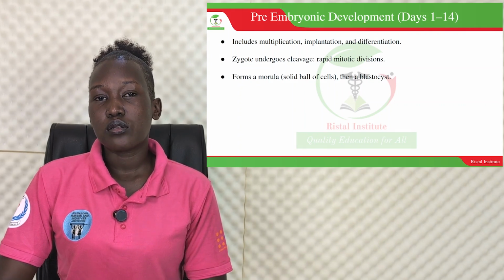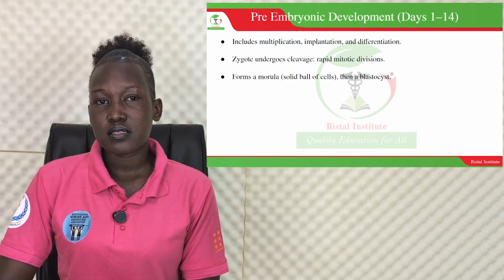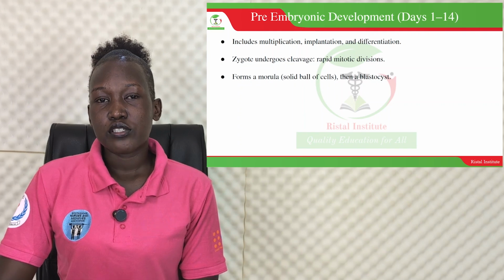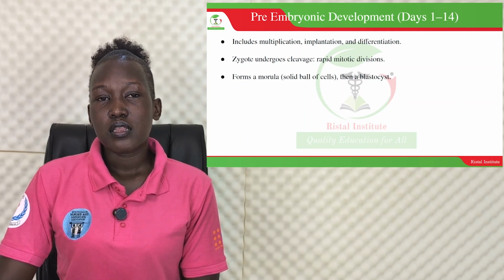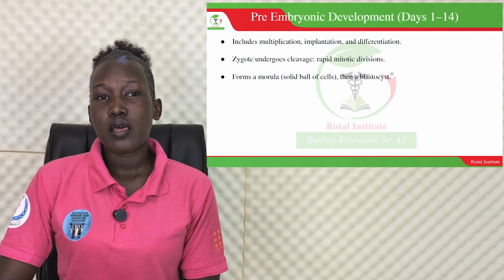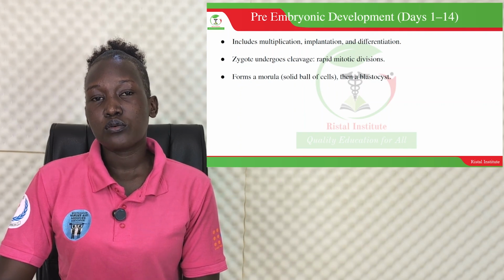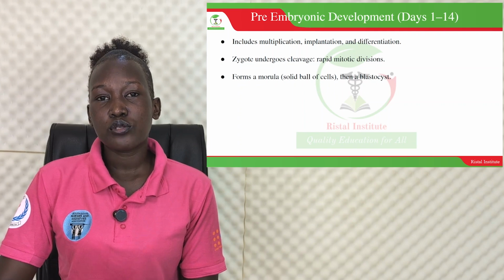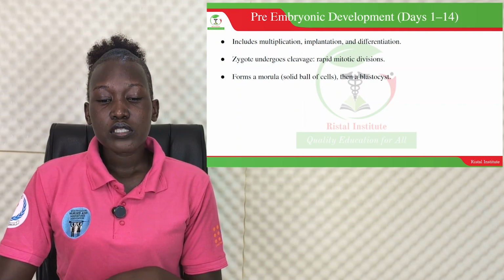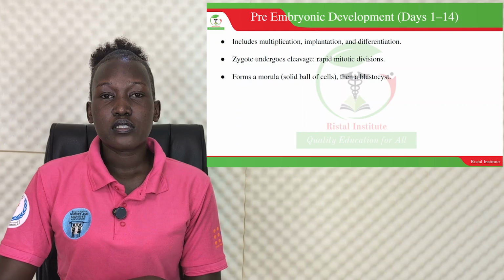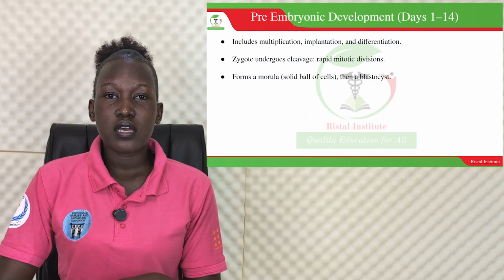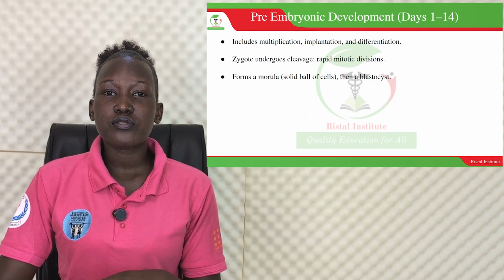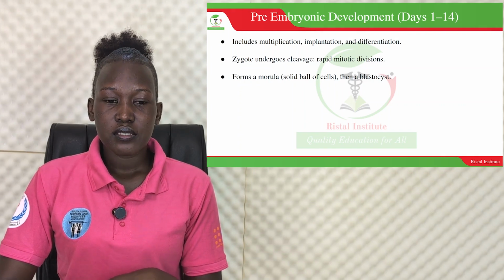If this cell were to increase in size, there would be what we call an ectopic pregnancy, because the fertilized ovum would be stuck within the fallopian tube and could not move to the uterus to be implanted. So there will be rapid division of cells inside the fertilized ovum without increase in size.